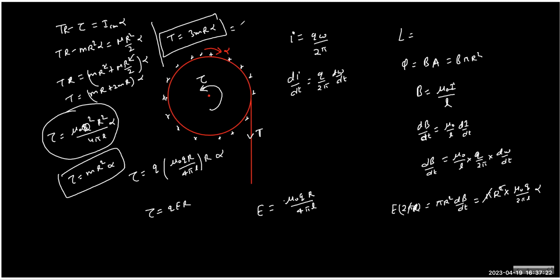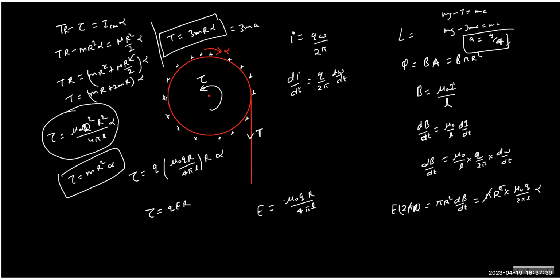And alpha is a over R, right? And then the answer is option 4. Can you check?